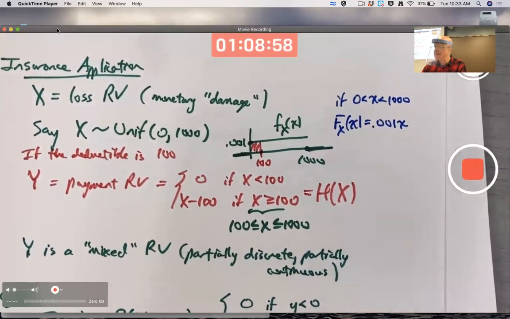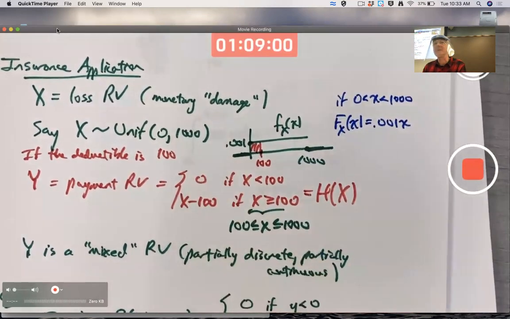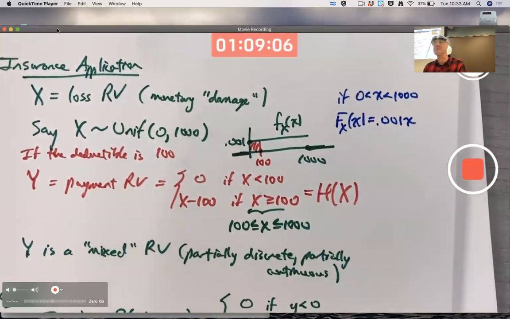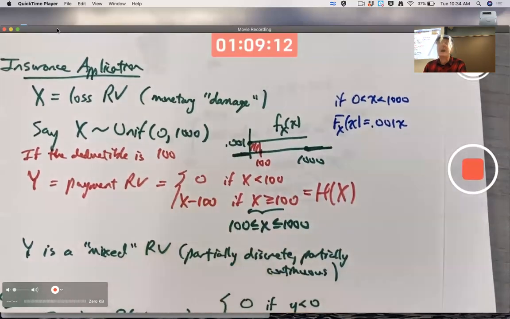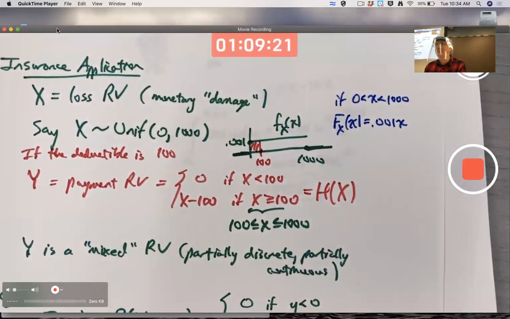But no, because 0 occurs with positive probability, 0.1, that causes the mean to be less than 450. It's not uniform on the interval from 0 to 900. I mean, if 0 occurred with a really high probability, 0.999 say, the mean would be really close to 0. Maybe $1 or something.